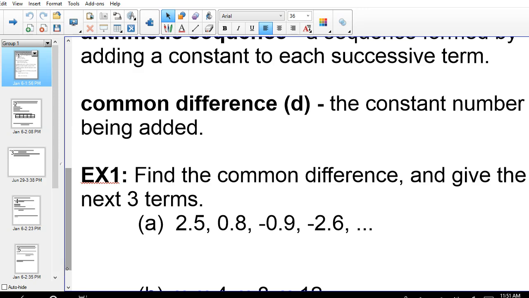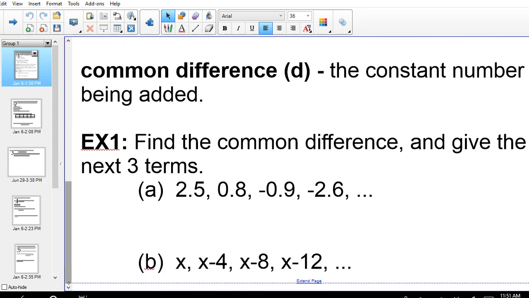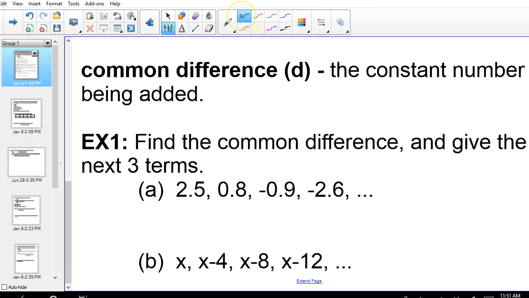So for example, this first one, we've got 2.5, 0.8, negative 0.9, negative 2.6, and we're supposed to find the common difference and give the next 3 terms. So for this, this one's a little harder to just see, but you can always just take a term and subtract the term in front of it.